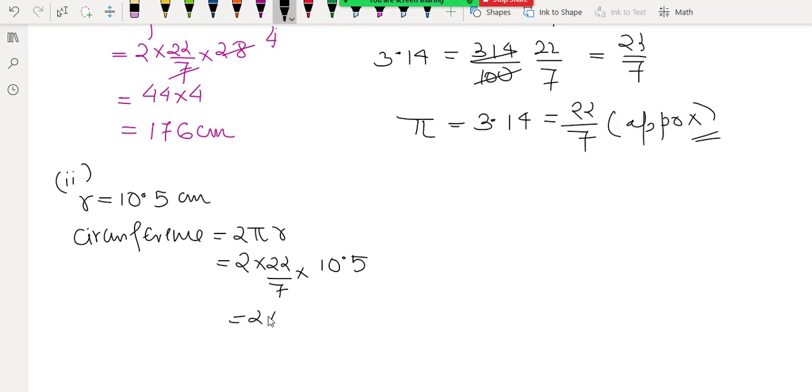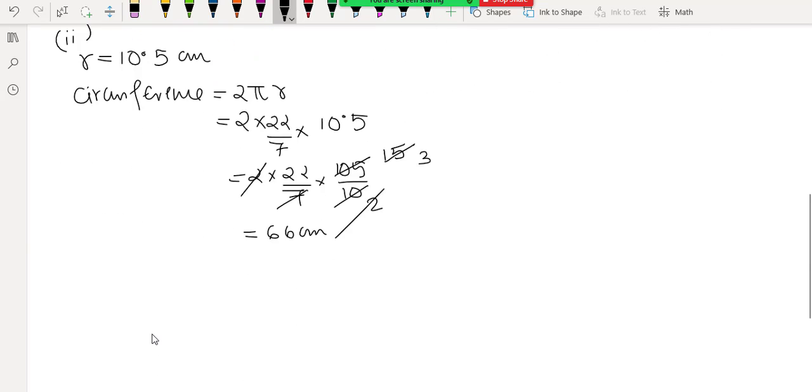We can write 10.5 as 105 by 10, we have just removed the decimal. So here 7 ones are 7, 7 fives are 35. So we can cut it by 7. Then again, 5 threes are 15, 5 twos are 10. Then again cut 2, 2. So we are left with 22 and 3. So it will become 66 centimeter. That's correct. Very good. So let's go to the next question.